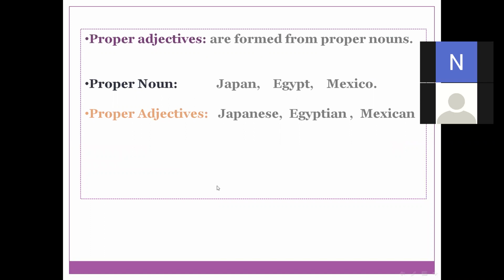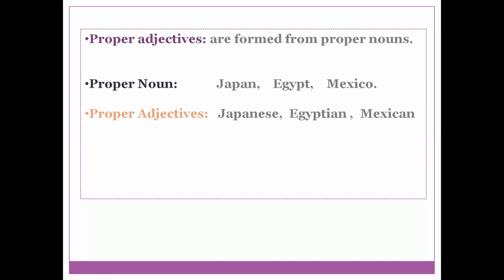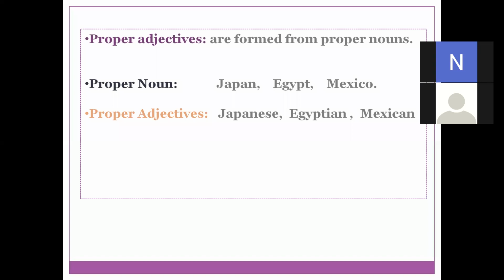The last adjective we will study today is something called a proper adjective. You have heard this word before, proper. It's a type of noun, right? You remember when we took the common noun and the proper noun? Common noun, like school. I didn't mention the name of the school, but when I say the Millennium Star School, this is a proper noun.